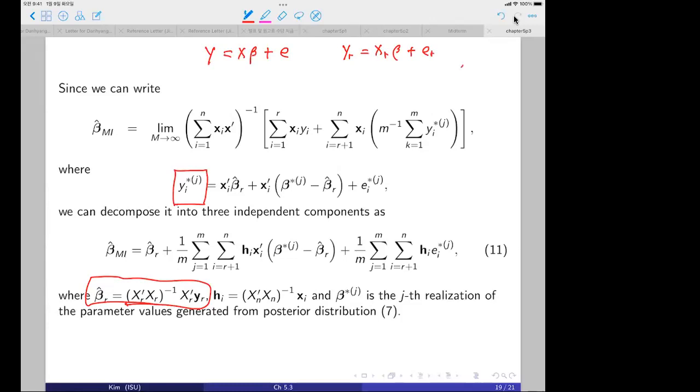So you have x and y, x1 to xr, y1 to yr, and then x r plus 1 to xn, with y missing.